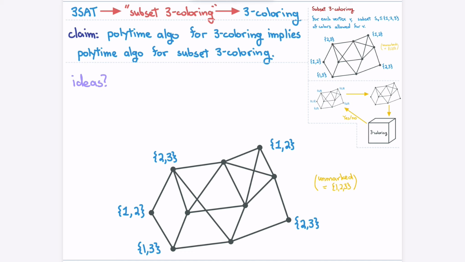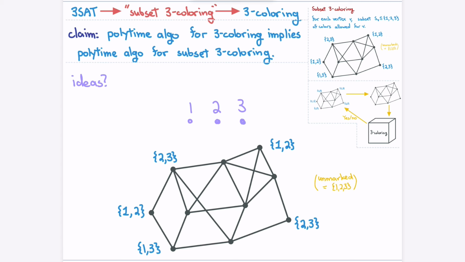So if I had a gadget that could somehow say this vertex is not allowed to use color 1, that would be great, right? For example, suppose I could create 3 vertices, which I'll call 1, 2, and 3, where 1 is guaranteed to be colored color 1, 2 is guaranteed to be colored color 2, and 3 is color 3. We'll have to figure out how to force this in a moment.